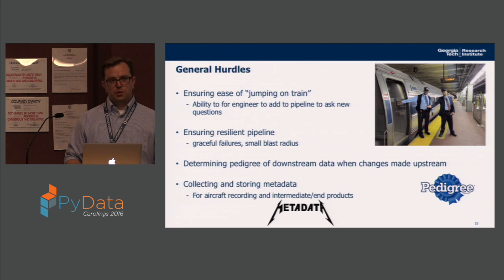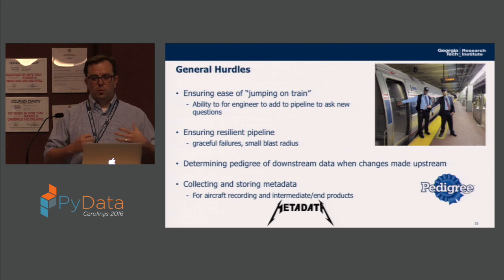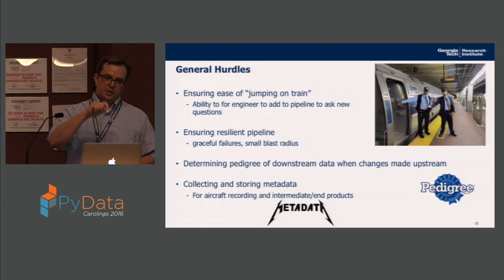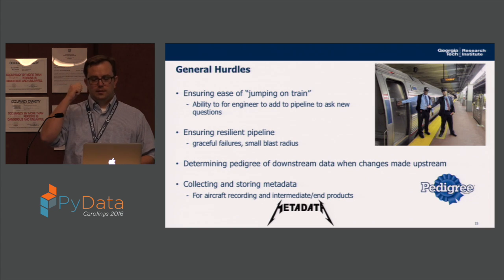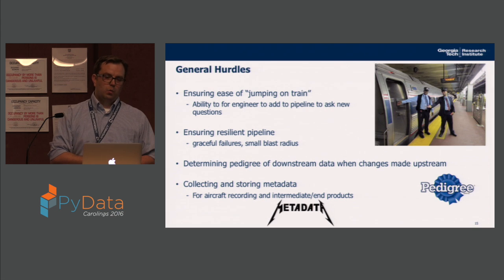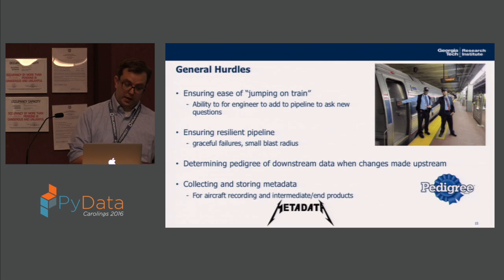And then the pedigree issue: smart ways to manage how your data stays good when things change upstream. And again, we don't have a good solution for that right now.